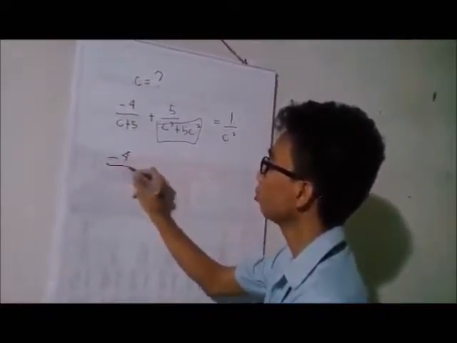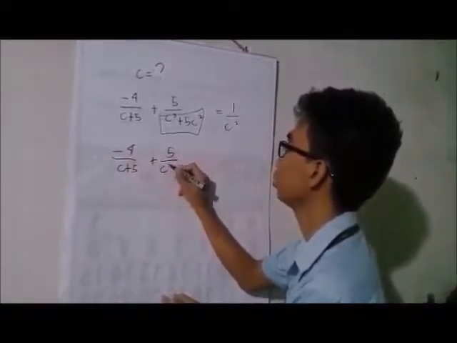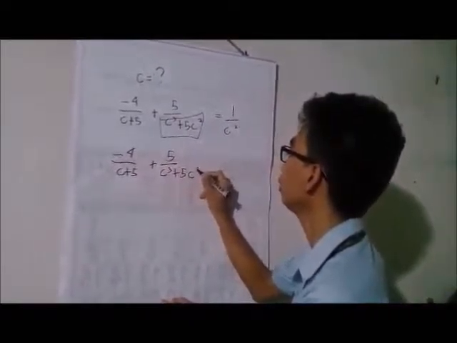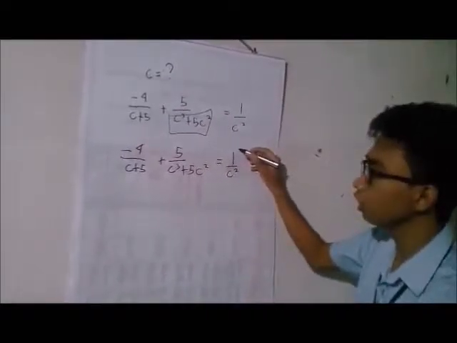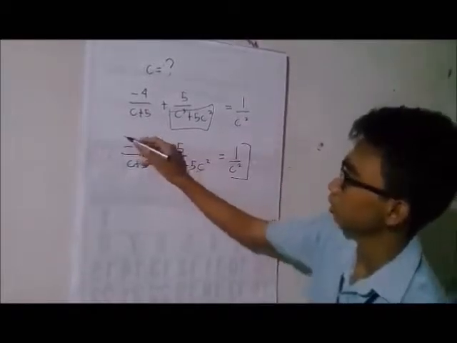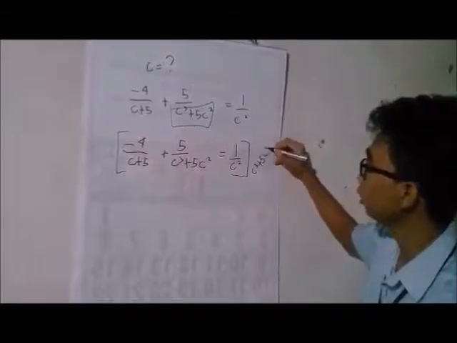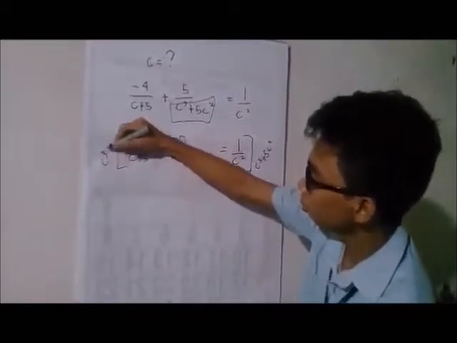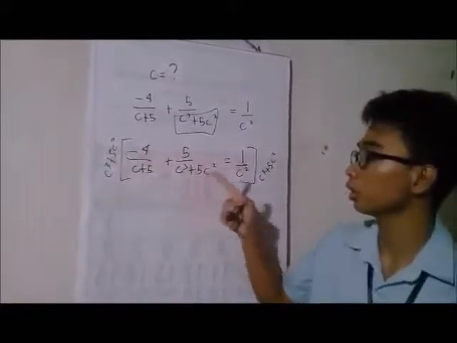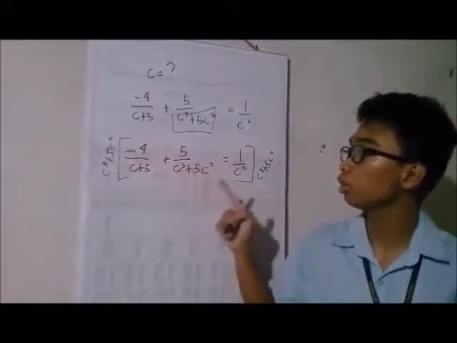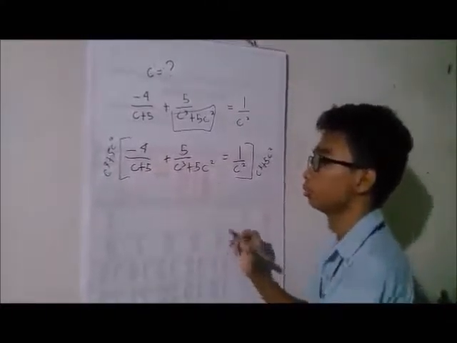Negative 4 over C plus 5, plus 5 over C cubed plus 5C squared, is equal to 1 over C squared. Then, their LCD is C cubed plus 5C squared. To find the factors that we are going to evaluate, we are going to cancel the denominators.